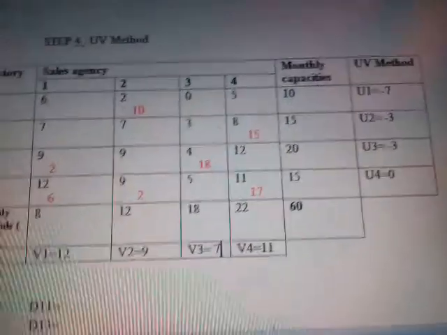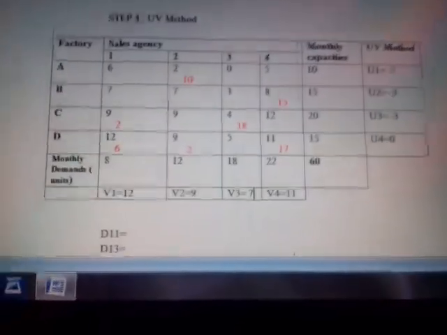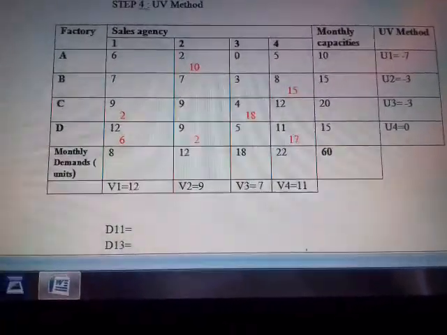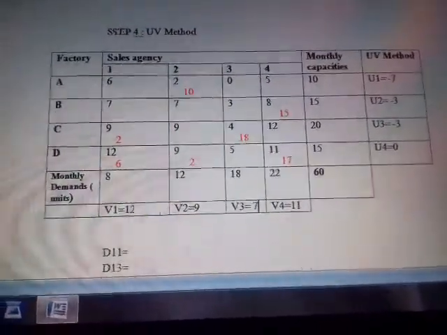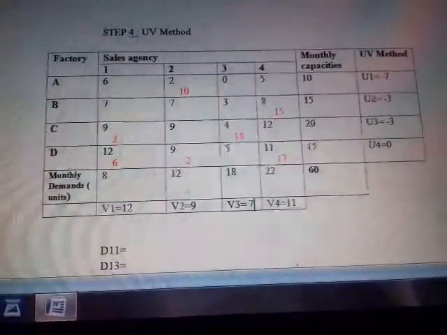For these values you have to find the Dij value. Okay, how to find Dij? We know the formula. Dij is equal to Cij minus, within brackets, Ui plus Vj. First you have to add Ui and Vj, then subtract that number from Cij.